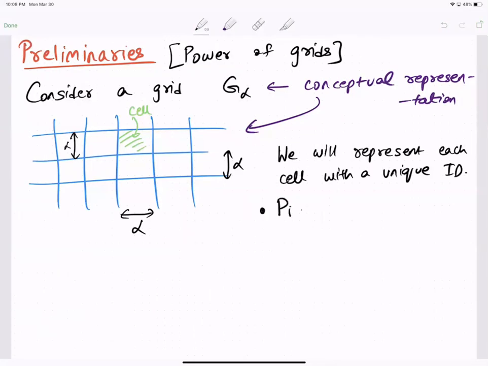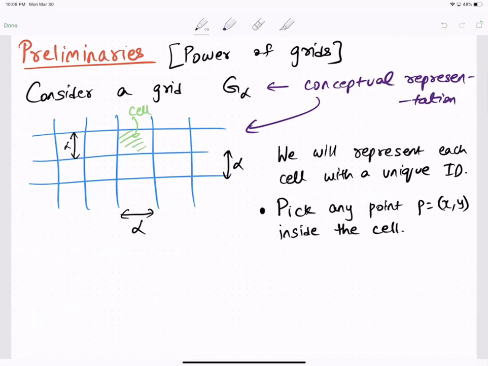Well, pick any point p equal to (x, y) inside the cell.